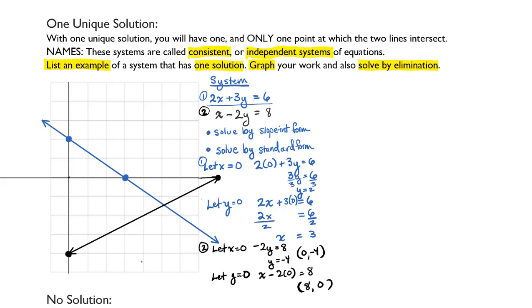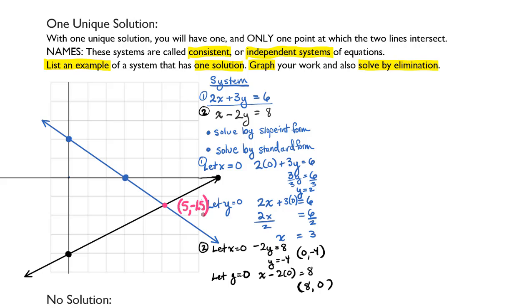Now, if I were to just look at this graph, just visually finding the intersection, it looks like they're right there. And that point that I'm referencing is at 1, 2, 3, 4, 5, approximately 5 and approximately down 1.5. So I'm just going to label this as 5, negative 1.5.